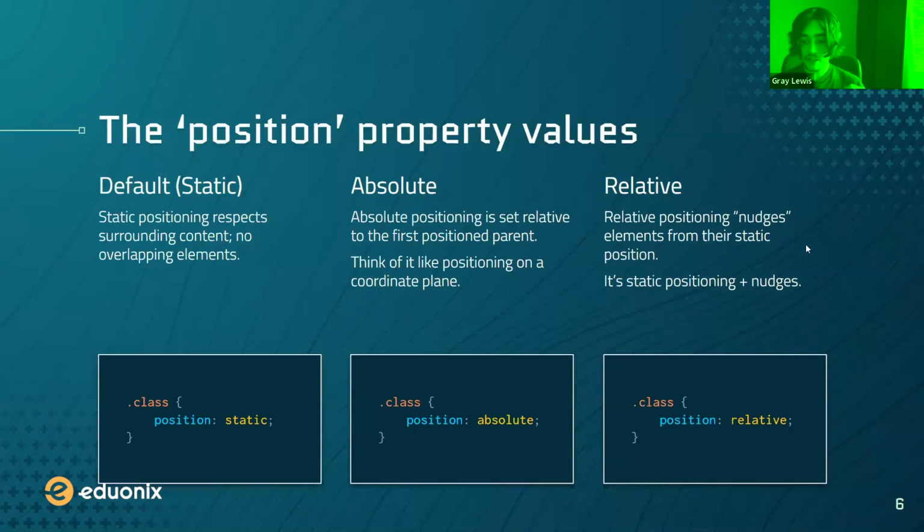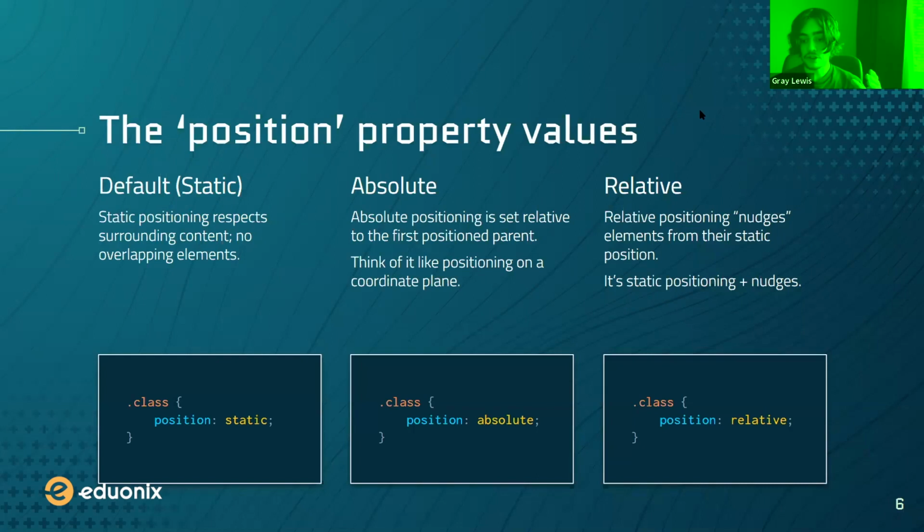Actually, with static positioning, it's not going to be relative to anything. It's going to be just wherever it falls during the rendering process. It's going to be pushed by other elements on that page, and the position is going to be decided through that process.